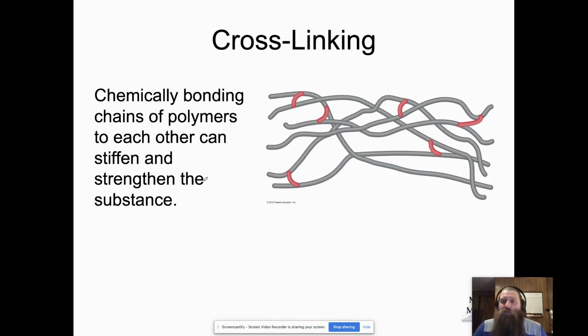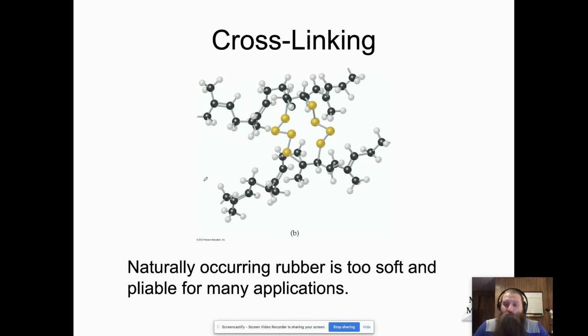Now, cross-linking is another way that we can make a polymer stronger. As they are more and more linked together, they are harder and harder to bend and break. So cross-linking would be an example of how you might strengthen a polymer. Great example of cross-linking is rubber. Naturally occurring rubber is way too soft to do anything with. You certainly couldn't make a tire with it.